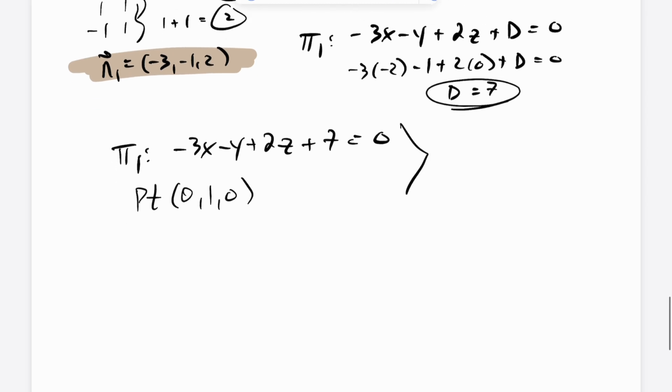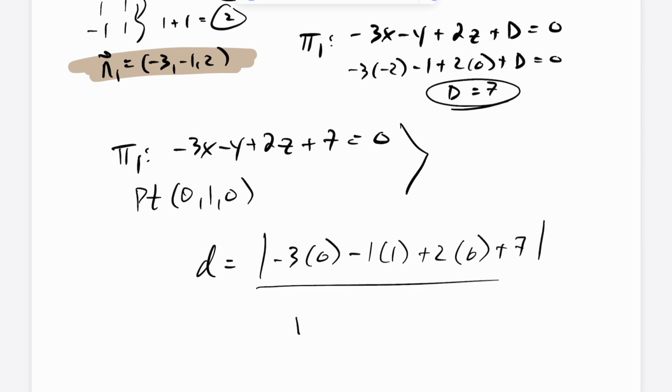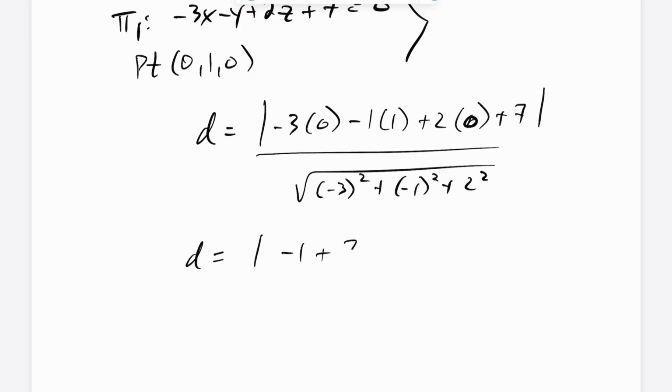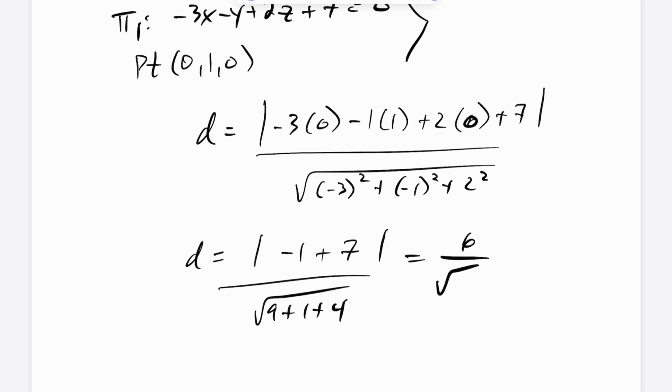My formula tells me the shortest distance between these skew lines is going to be the absolute value of A times my x coordinate, then my b value times my y coordinate, then my c value times my z coordinate plus 7, all over the square root of negative 3 squared plus negative 1 squared plus 2 squared. Calculating this, my d value is equal to negative 1 plus 7 all over the square root of 9 plus 1 plus 4. Ends up being 6 over the root of 14, which is approximately 1.6 units.